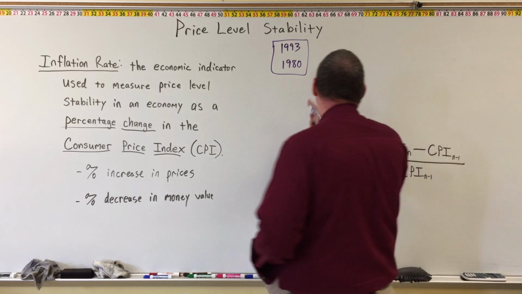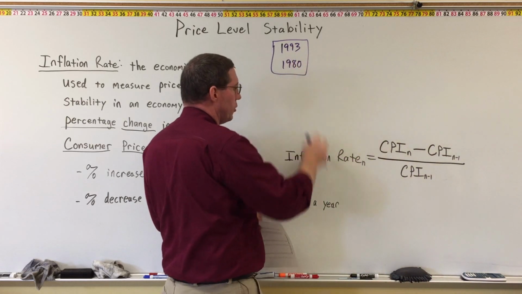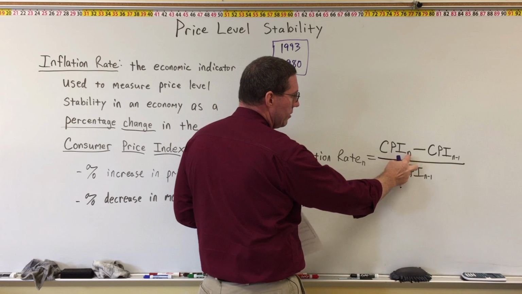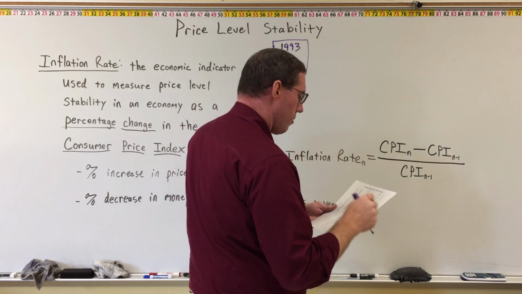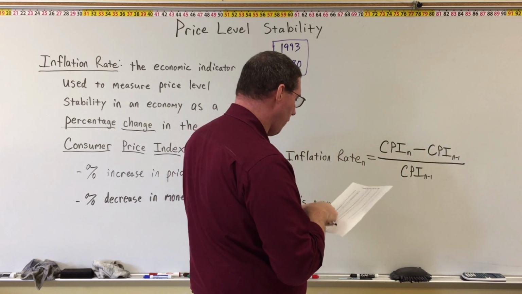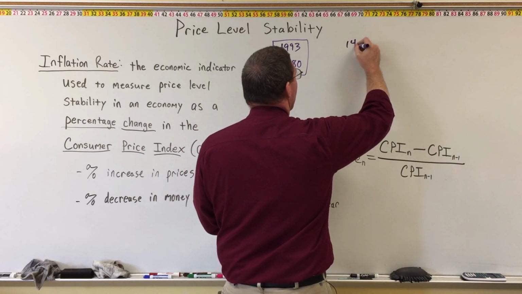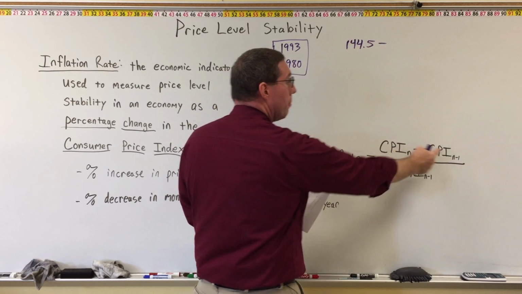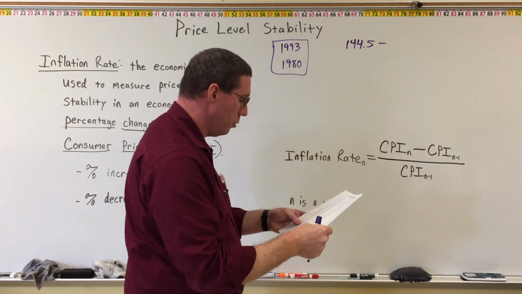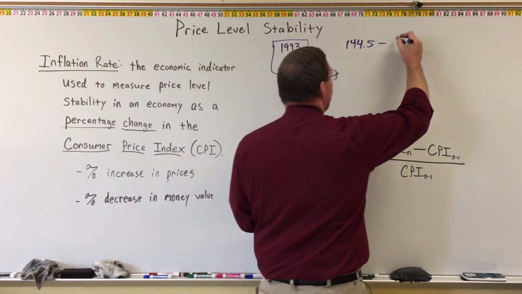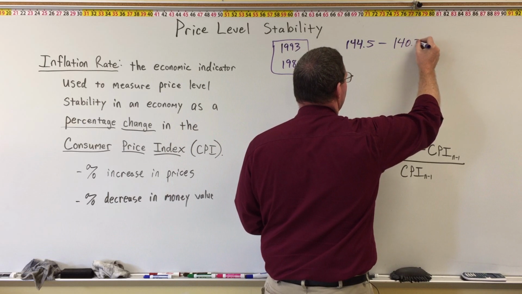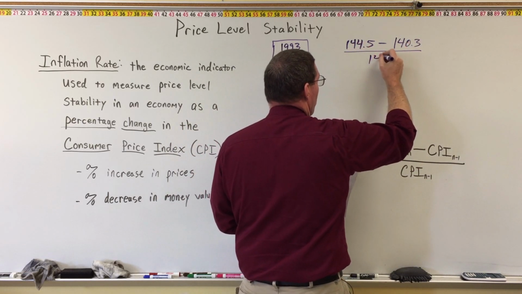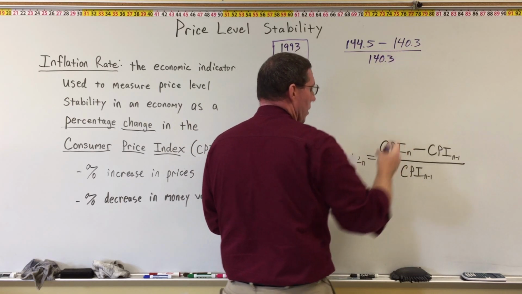Okay, so let's do 1993. So in order to define the inflation rate for 1993, we need the CPI for 1993. And it says in here 1993, 144.5 minus the year before, which was 1992, and that's 140.3, divided by the year before, which is 140.3.